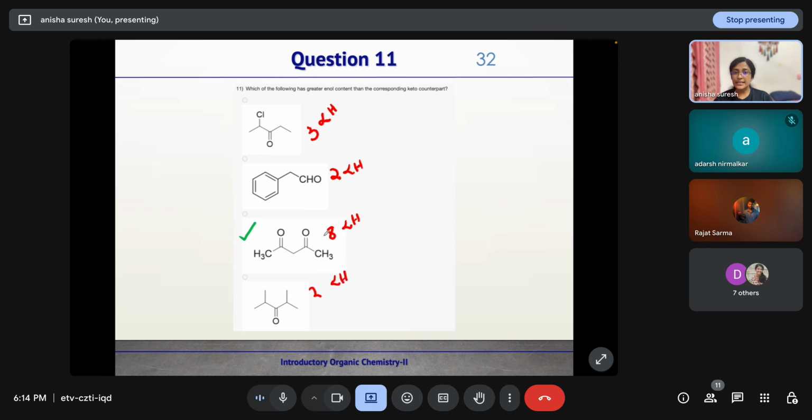When we consider the number of alpha hydrogens present, option C has the greatest number of alpha hydrogens. So it can have more hyperconjugation, and that will lead to more stability of the enol form, leading to greater enol content at equilibrium.